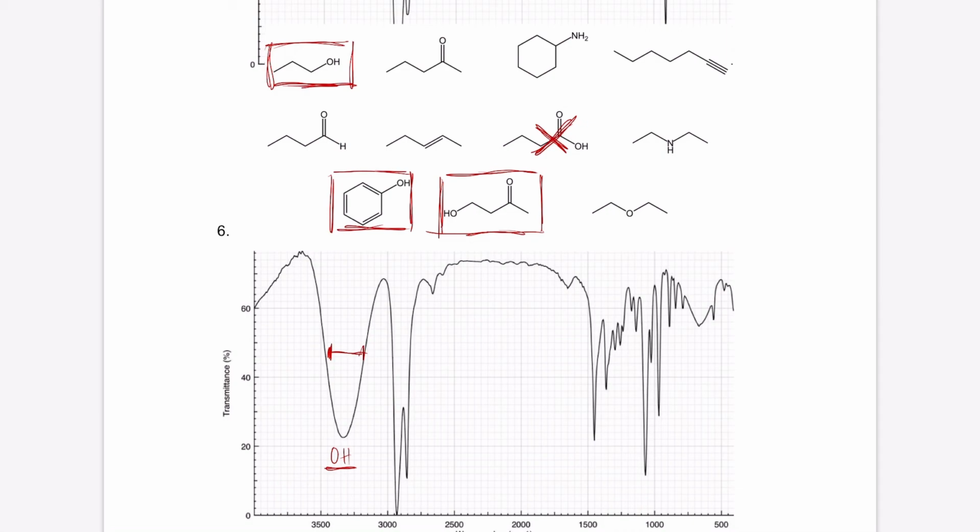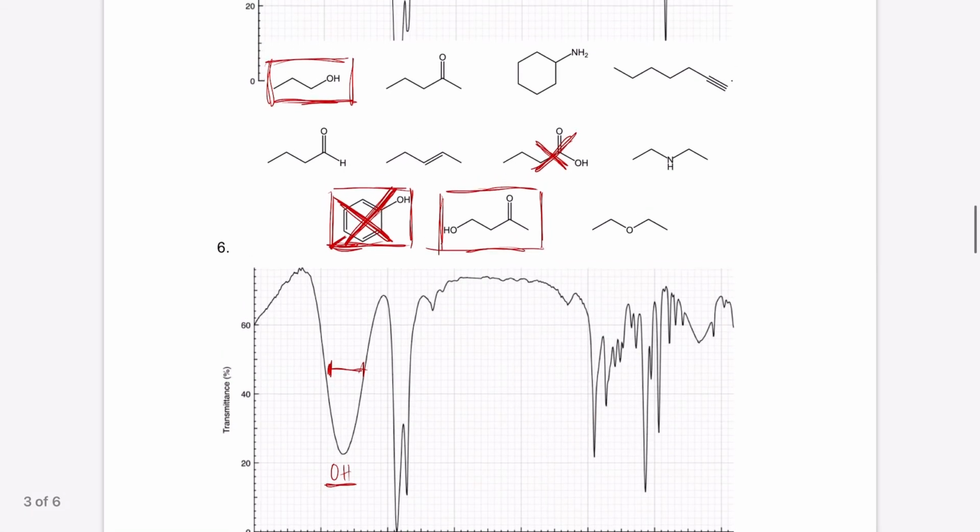So if it were to be our aromatic containing compound, we would expect to see a band around 1600. However, we do not have a band around 1600. So it cannot be our aromatic containing compound.